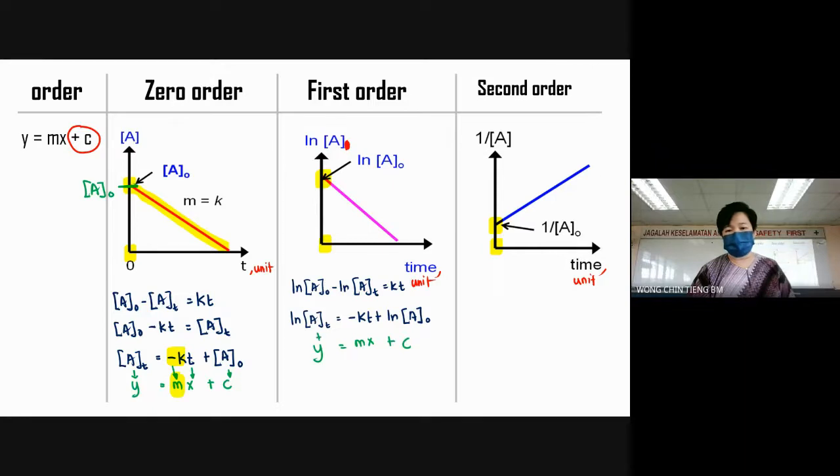Your Y, your T, your C, and your K. So semua benda sama lah. Initial kat sini cuma berbeza, initial kat sini bukan A0 je. Dia akan jadi ln A0 sebab dia adalah first order punya, betul?